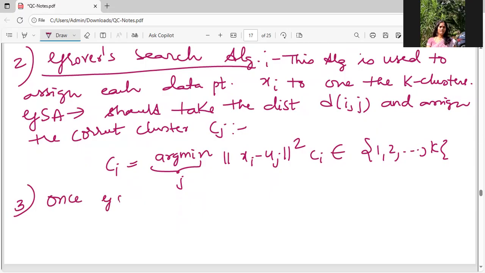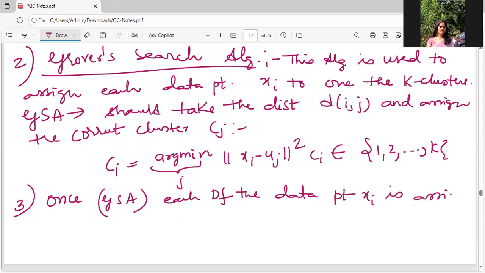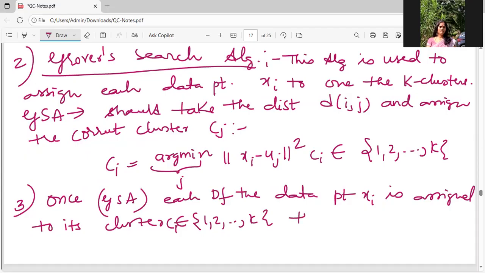Once Grover search algorithm, of course, I'll write it in bracket, each of the data points xi is assigned to its cluster Ci, belonging to 1, 2, k, the mean or centroid of each cluster.